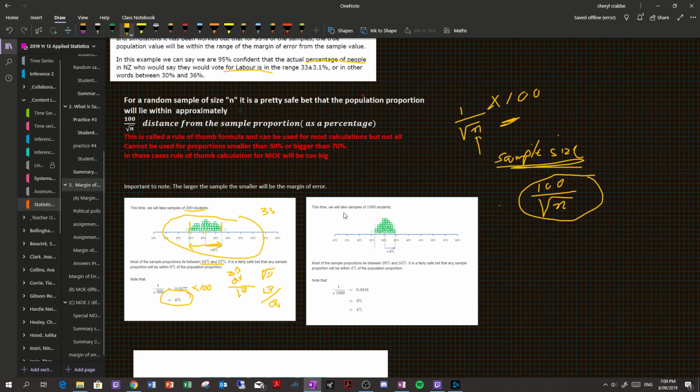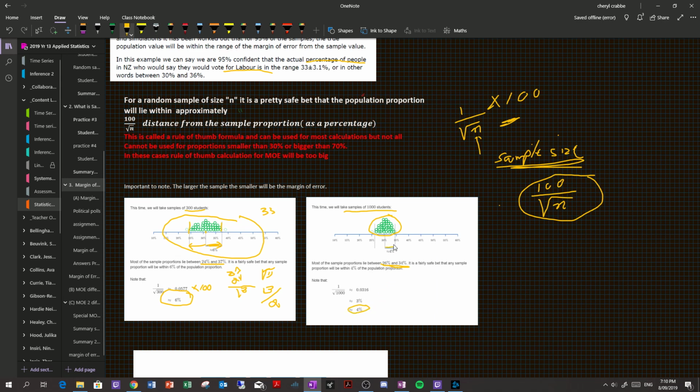Now, if we do a sample size of 1,000, it's a tiny bit different. You'll see that the values are much more compact. And in fact, the values actually range between 26 and 34%. So we've got less of a range with a bigger sample. We've got less variability in the sampling. And so now when we work it out, we work out a margin of error to be only 4%.